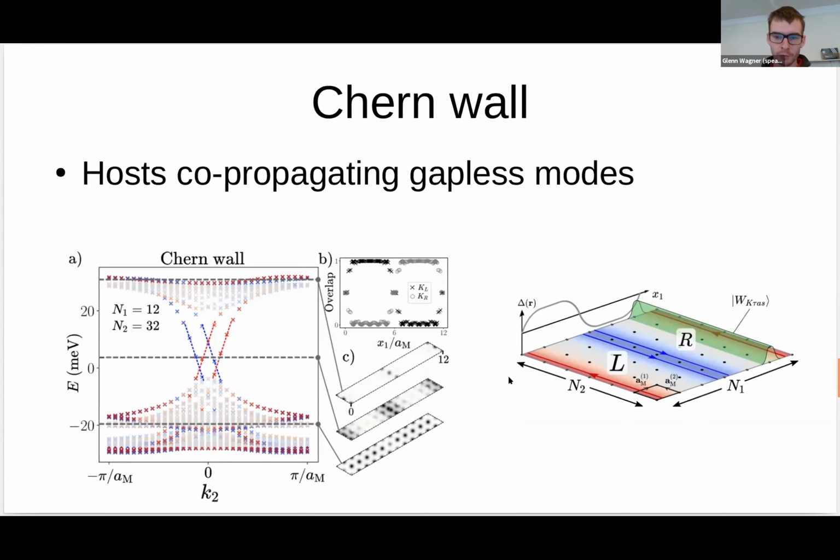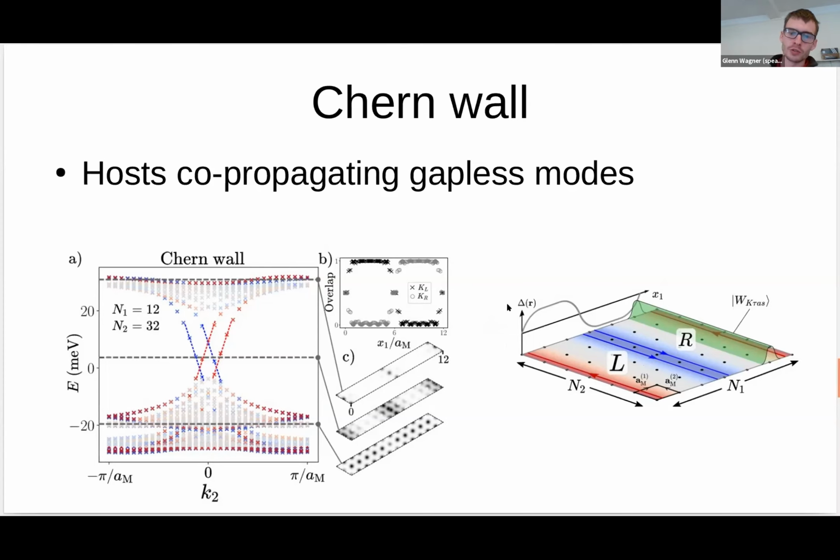So we consider some finite system of n1 times n2 Moire unit cells with periodic boundary conditions, and we apply a spatially varying subset along the x direction. And this gives us two domain walls, one of them localized here at the center in blue, and one of them localized here at the boundary in red, and these arrows are showing these co-propagating gapless modes.